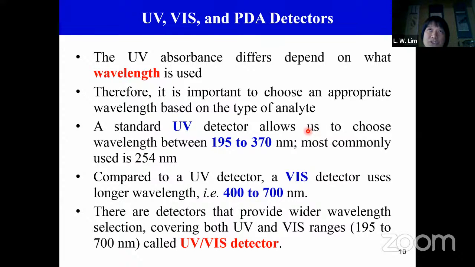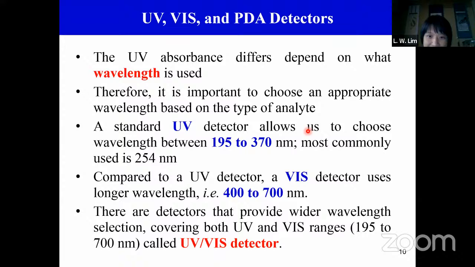Usually we don't do so much cutoff UV, but sometimes the design of the flow cell already has a certain cutoff, because if we do not use the cutoff UV, sometimes the background noise is so bad that we cannot see the peak. So usually the cutoff UV is to increase the sensitivity for your sample so that you can reduce the background noise. I hope that answers your question.